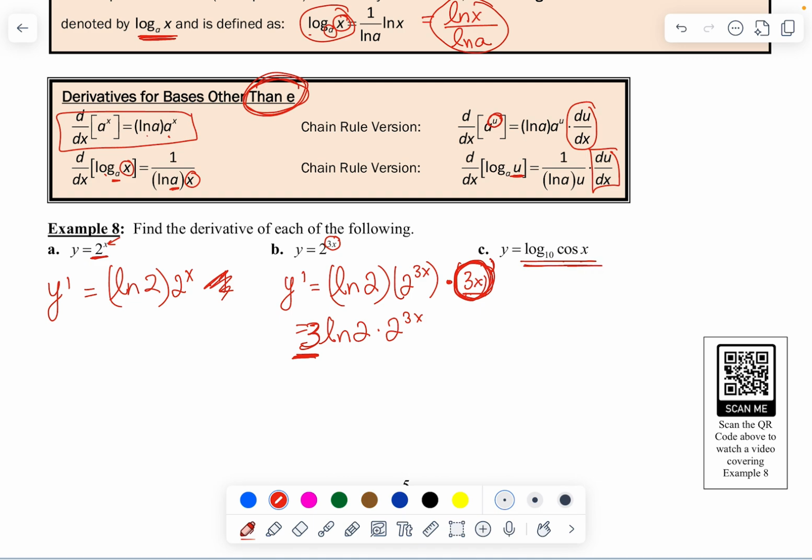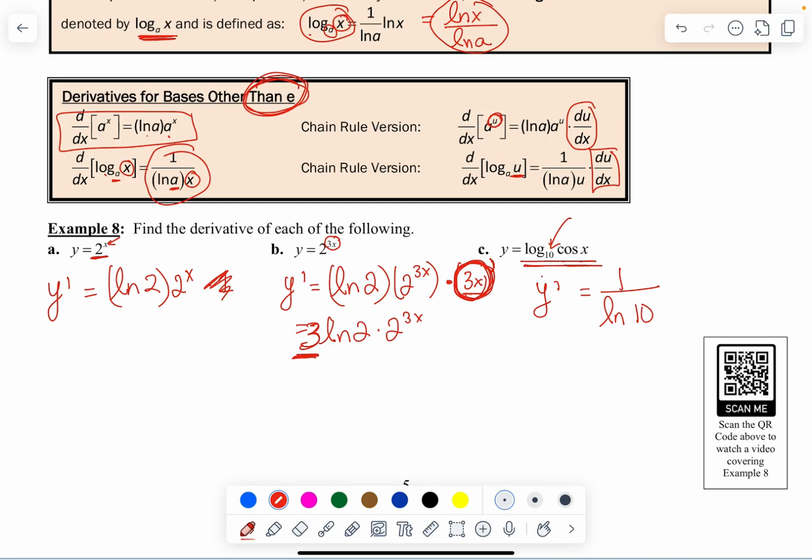Next is if you have a log and the base is not e, that means it's not ln. This is not ln of cosine of x. So this is another one that you just have to kind of commit to memory at this point. But the y prime is going to be 1 over ln of a. In this case, a is 10.